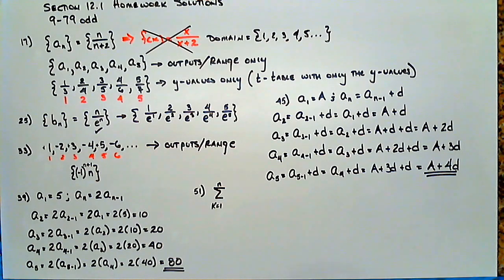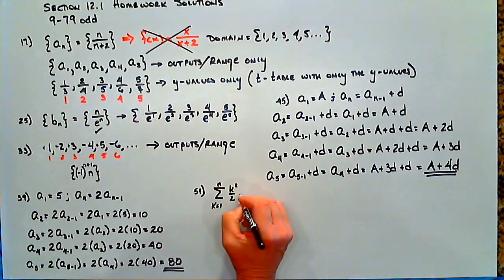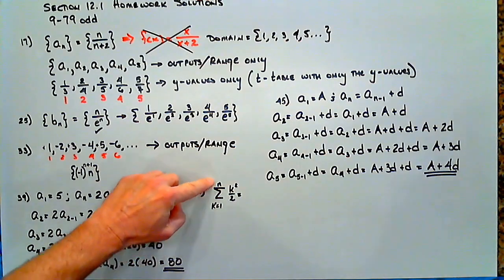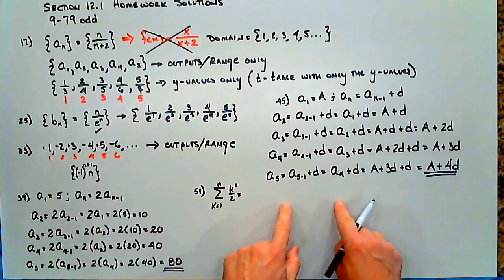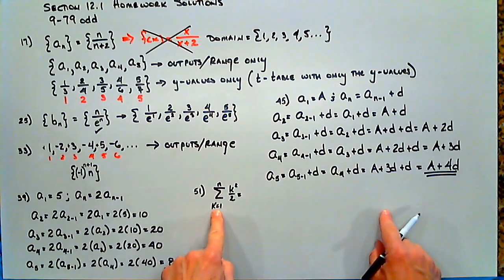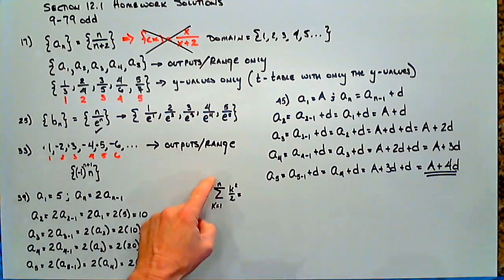We're just going to write it out all the way to n. And we have k squared over 2. So I'm not going to be able to calculate this. If they would have told me to stop at 5, I could have written all of them down. 1, 2, 3, 4, and 5 are my inputs, and then I could have added those numbers up and got an answer. But they asked me to go to n.